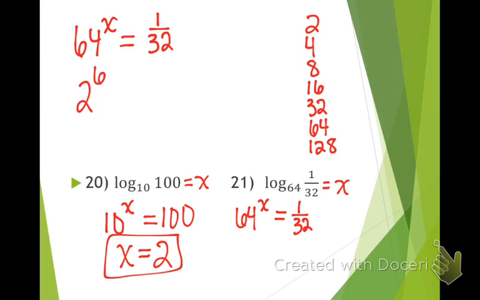Now, we are still raising that to what other power? To the x, right? So I'm going to put the 6 with the x, power to a power we multiply, is equal to. Now, this part gets a little tricky. We want to raise 2 to some power that's going to turn it into a fraction. That means that power is going to have to be negative.